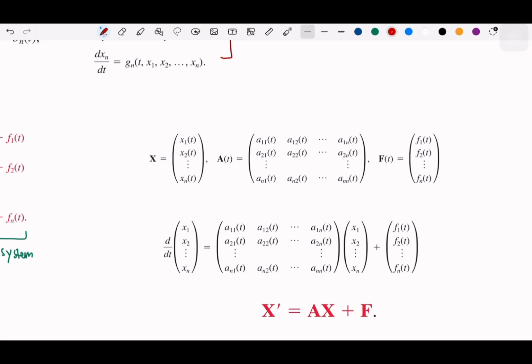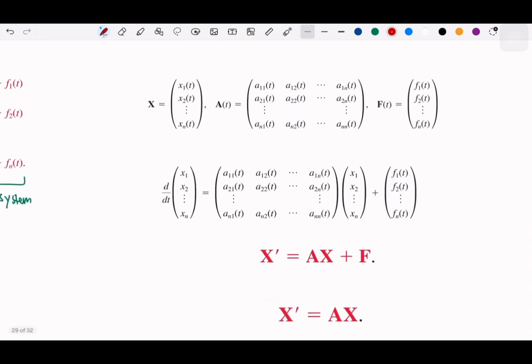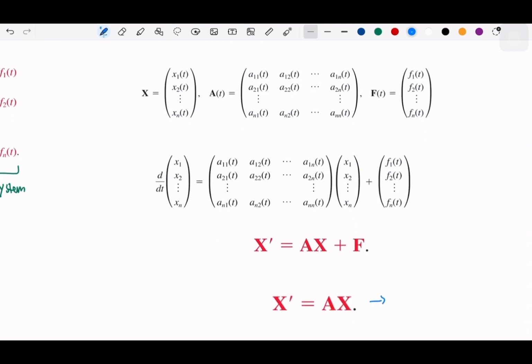Simply, all of this we can write as x prime, the matrix x prime, equals the matrix A multiplied with matrix x plus the matrix f, or the function. This is homogeneous if the f is equal to 0.